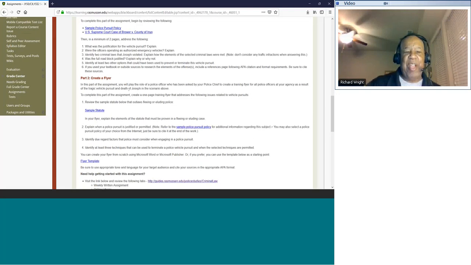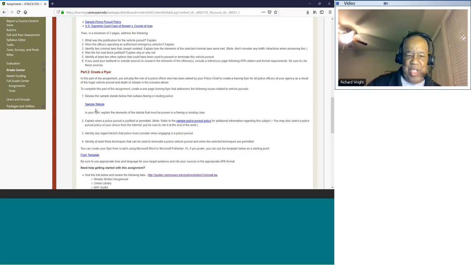Then the second part, and you should be familiar with this because you had to do this with identity theft already, is that you're going to do a 1-page flyer related to vehicle pursuits, and review the statute here as a sample. This is as if you were in this agency or this jurisdiction.